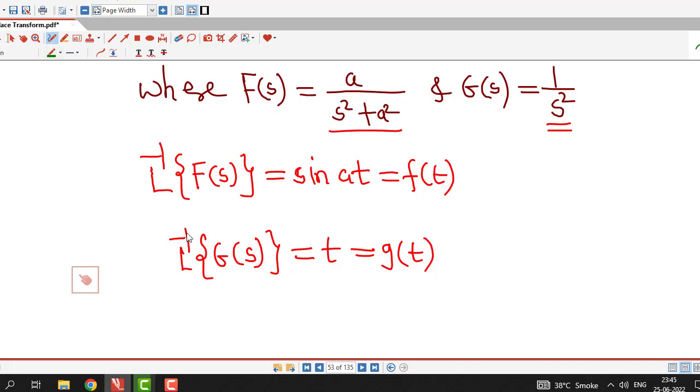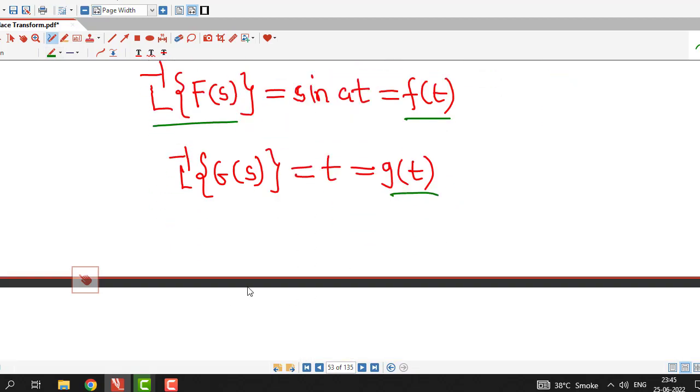Now that we have these two functions, small f and small g, we can write the convolution theorem to obtain the inverse Laplace transform of F of s into G of s.